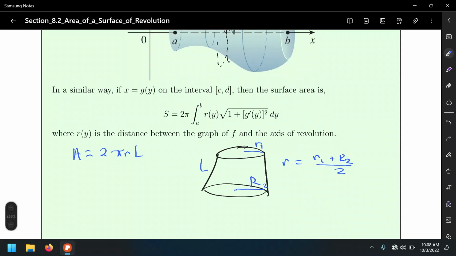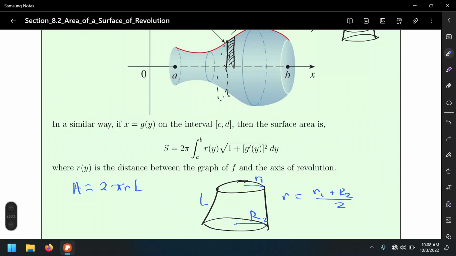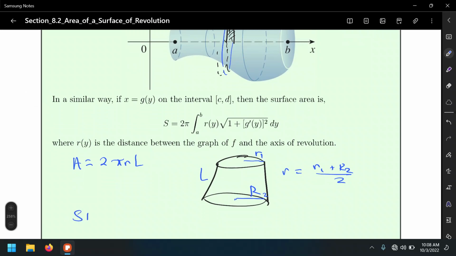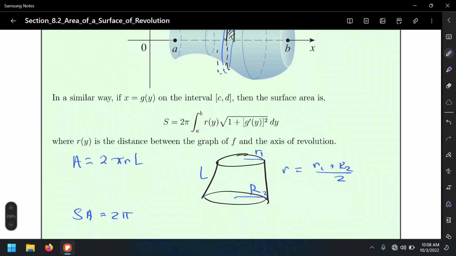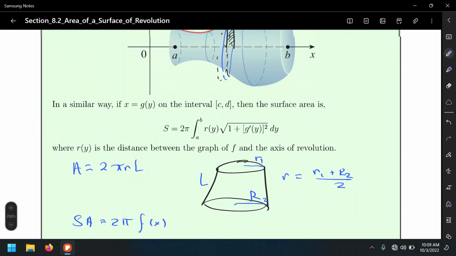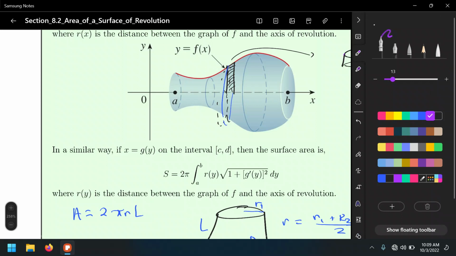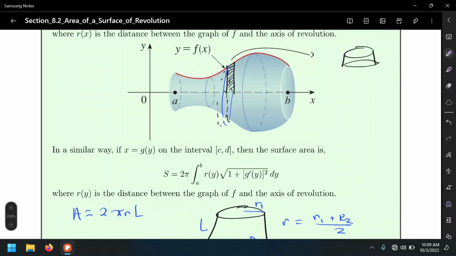So to develop a formula for this partition, if we rotate this again, that'll be the surface area. That's going to be 2 pi. What's the value of the radius in this case? Well, it's the function f of x, because if we look at this distance between the axis of revolution, this is the radius, and notice how the radius is vertical.